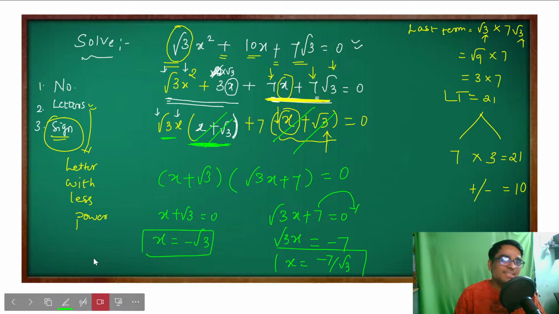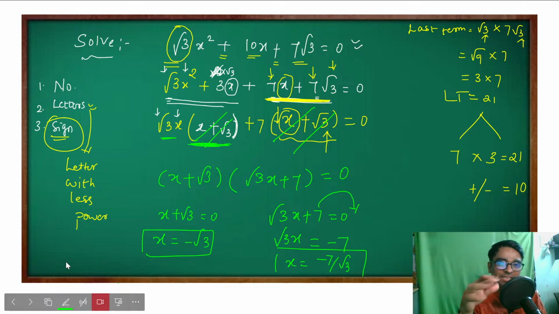Is it clear how to take common, how to factorize? This is very important. Maybe you have learnt all these things already, but somewhere I feel that even though you have already spent around 6-7 months on these things, there will still be a confusion, like what I have seen.